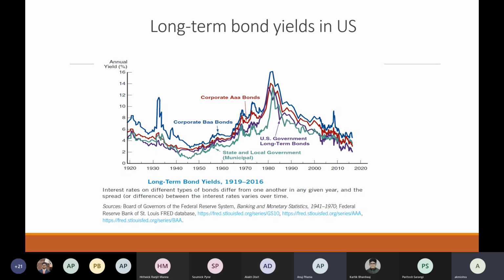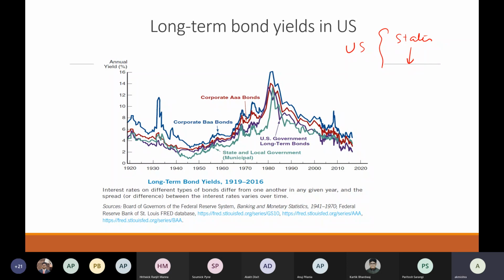Yes, see, understand that in the US, it's not like in India. In India, the upper hand is of the central government, but the US is basically a country made up of various states. And in the US, the state regulations are different from central government regulations.